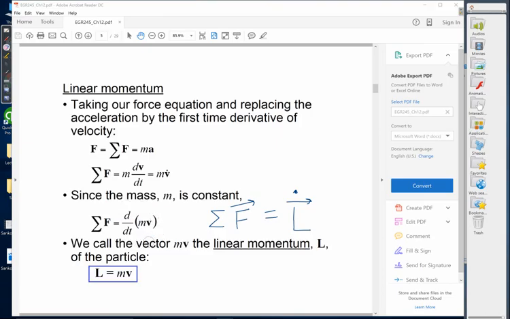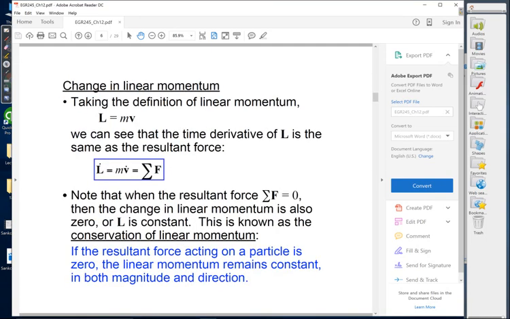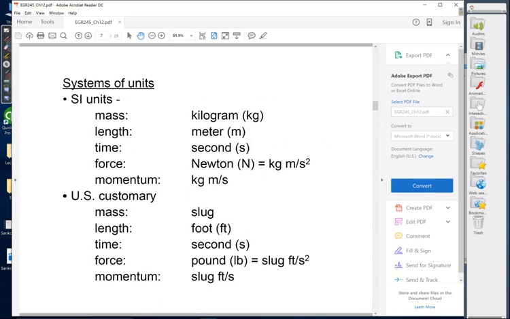We will use this a little more in later chapters. Okay, so it's just a definition that we're going to come up with. It's another way of looking at the second law. The second definition that we want to define is also just a definition.